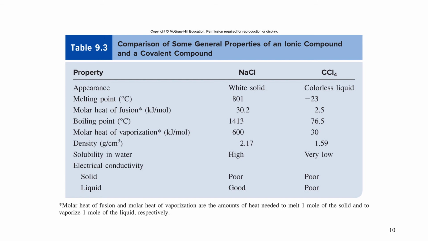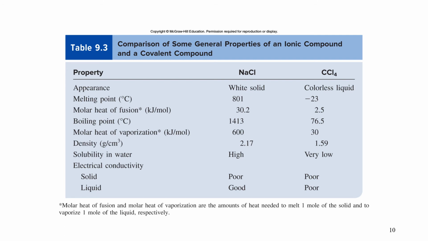So that is an indicator of the strength of that ionic interaction compared to the interaction between covalent molecules, which is quite low in comparison. We haven't talked about molar heats of fusion or vaporization yet. That comes with chapter 11, but you can see that sodium chloride is much greater than carbon tetrachloride. Boiling point for sodium chloride, 1400 degrees compared to 76.5 for that covalent compound.